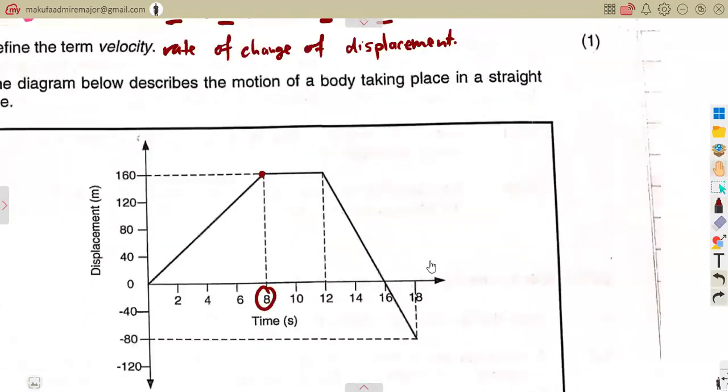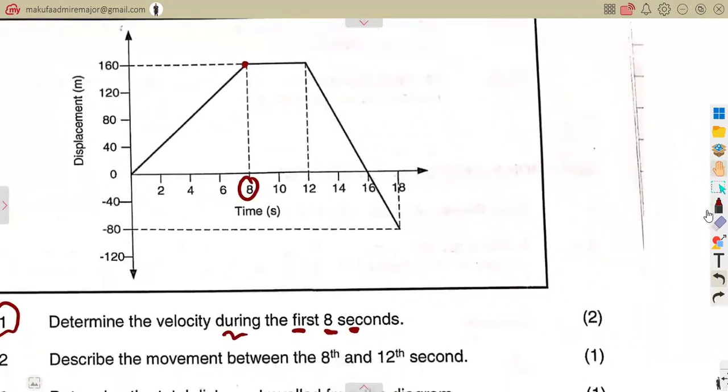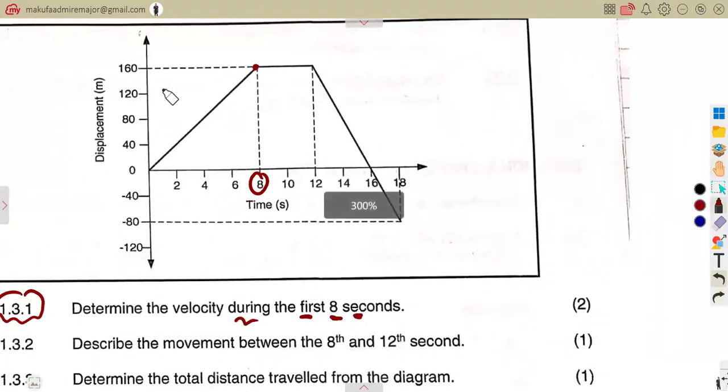Remember our definition: the velocity is the rate of change of displacement, so we are considering the displacement over the time. Our velocity is simply the change in displacement over the change in time.